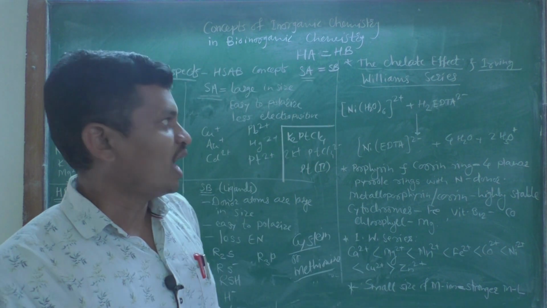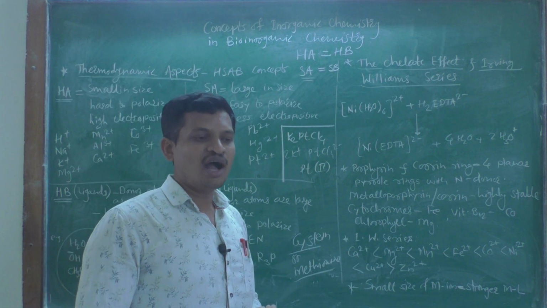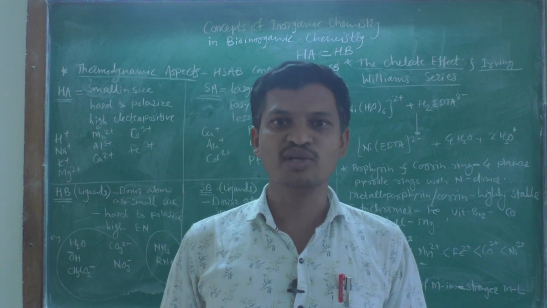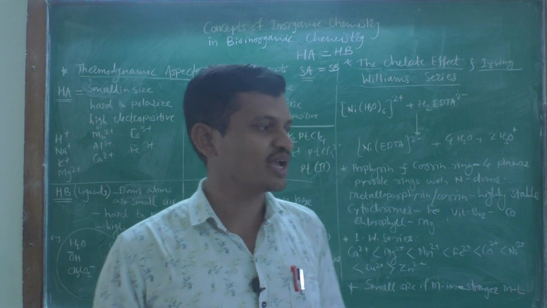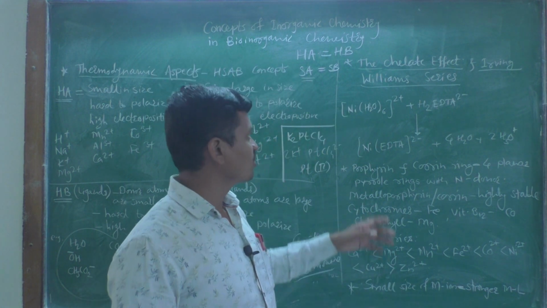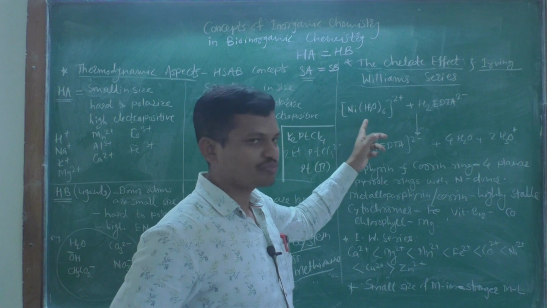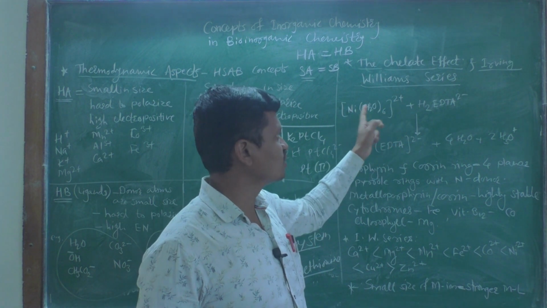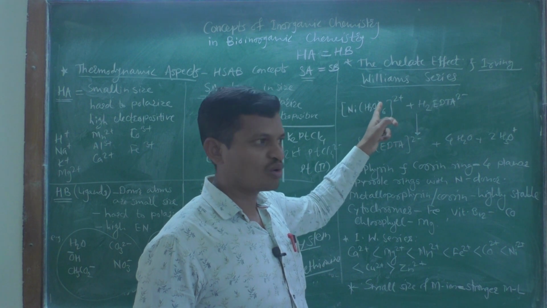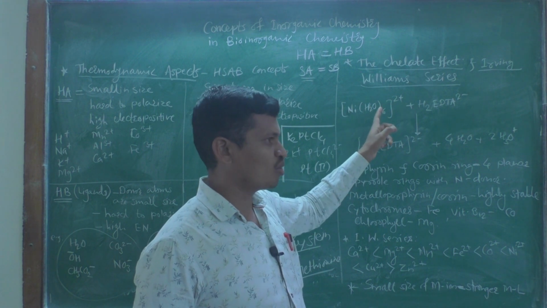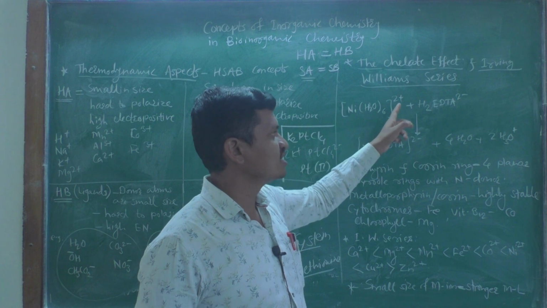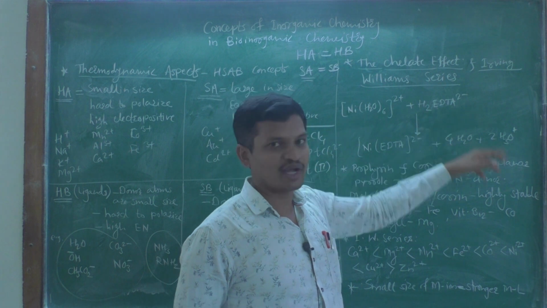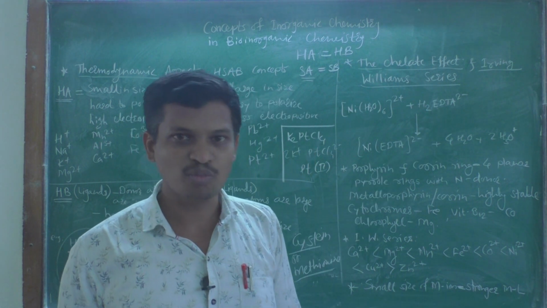Okay, and this chelate has extra thermodynamic stability due to the chelate effect. That can be explained by the example of when the hexaaquanickel 2 plus complex cation is treated with H2EDTA 2 minus.